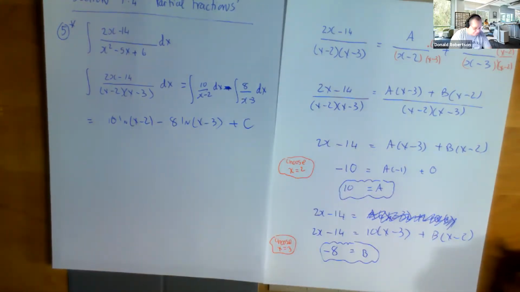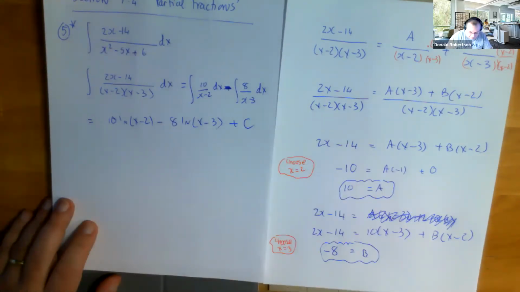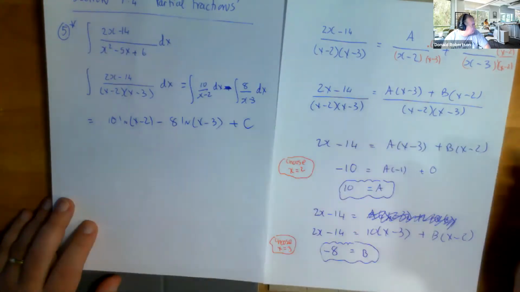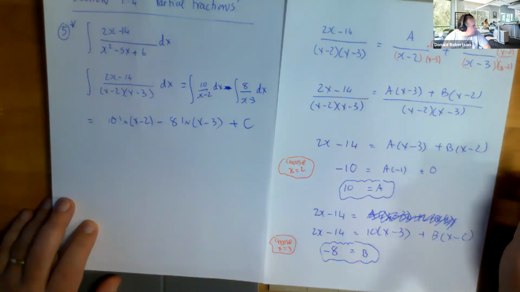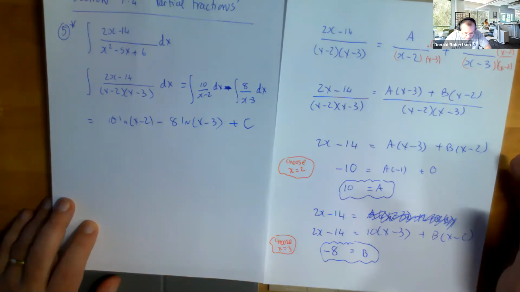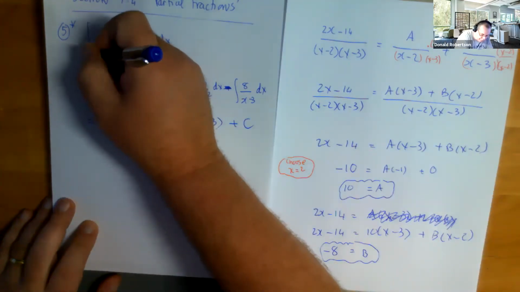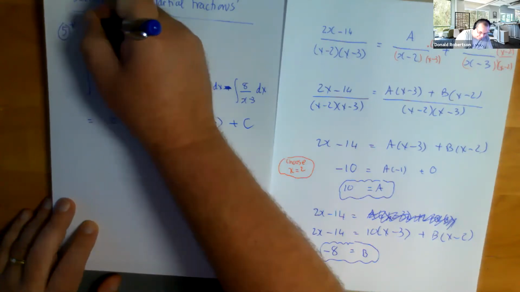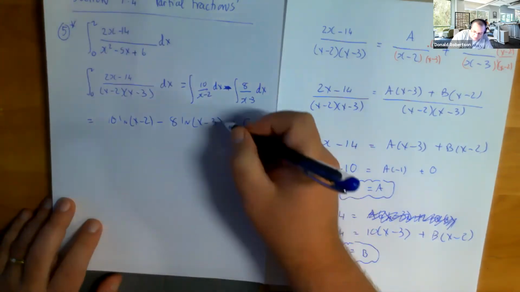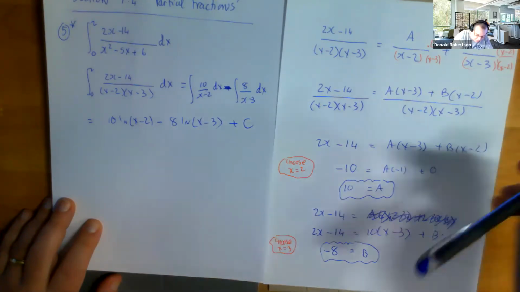Now, let's just say that this particular one was 0 to 2. Then that would disappear, wouldn't we?